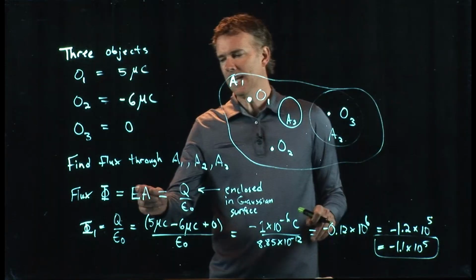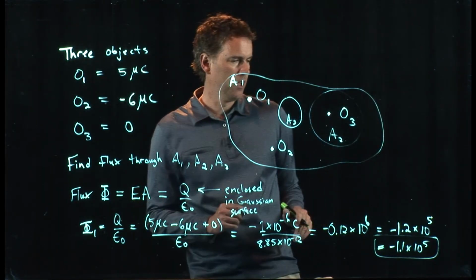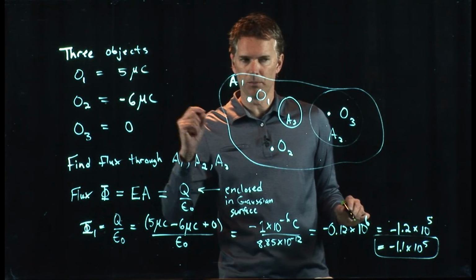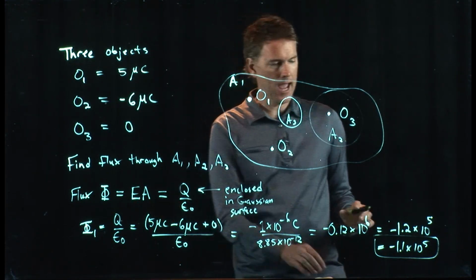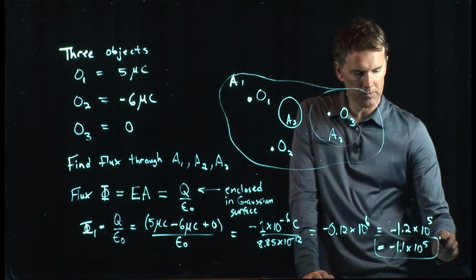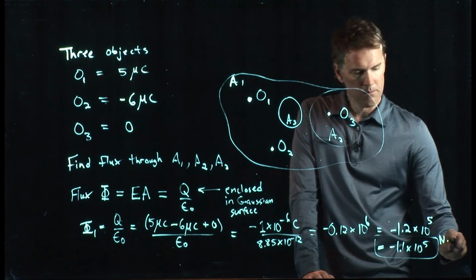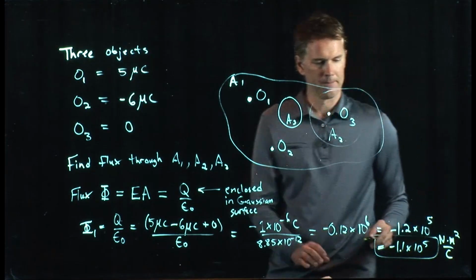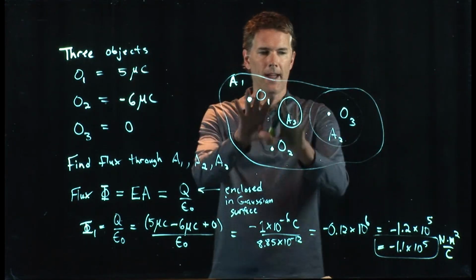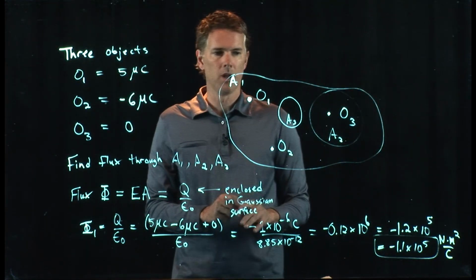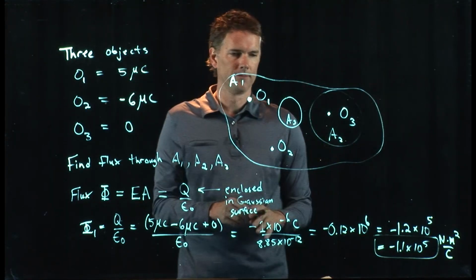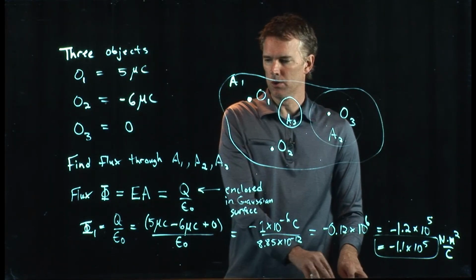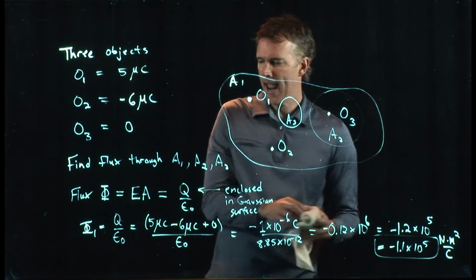Okay, it's going to be E times A, and so the units we said for E are newtons per coulomb, and A is square meters, so it's going to be newton meter squared per coulomb. Okay, that's flux phi 1 through the whole thing. Let's think about flux phi 2 through A2.